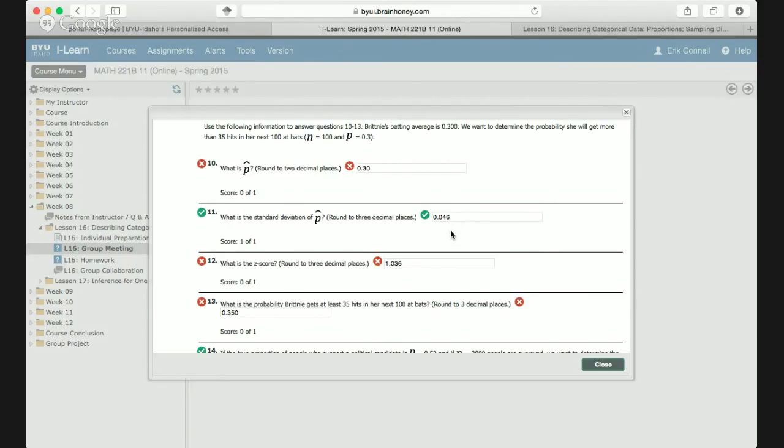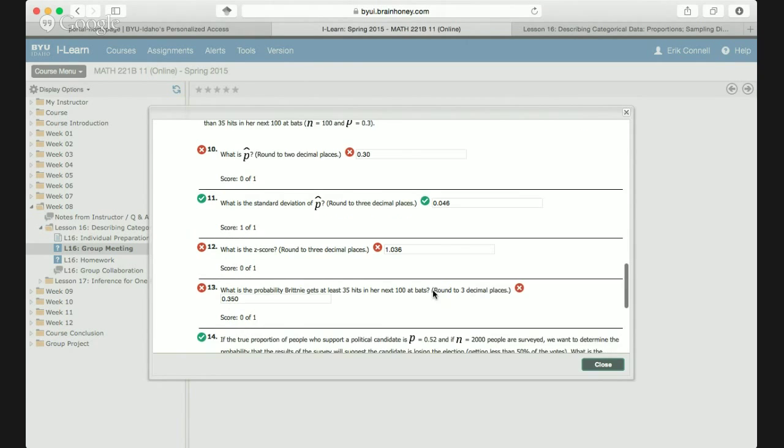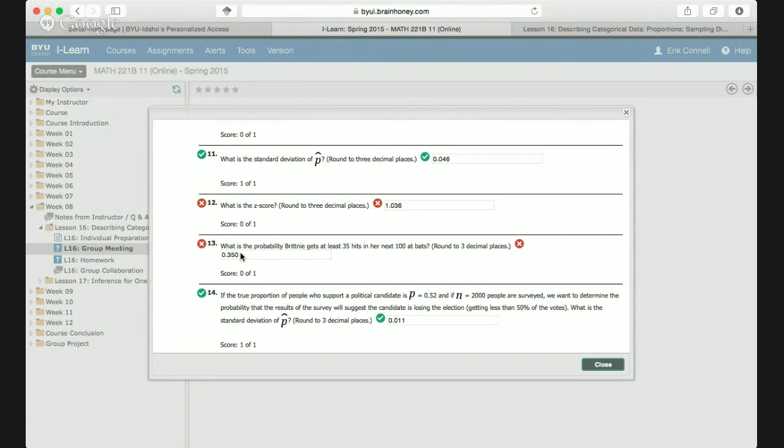And then what other ones did we get wrong? 12 we got wrong with 1.036. But you corrected it. 10 would have fixed 12. Yeah, and I fixed it, and it's 1.067, so we should have that one right. And 13 was wrong with 0.350. What did you get for that one? That one I just took 35 divided by 100, and I got 0.350.